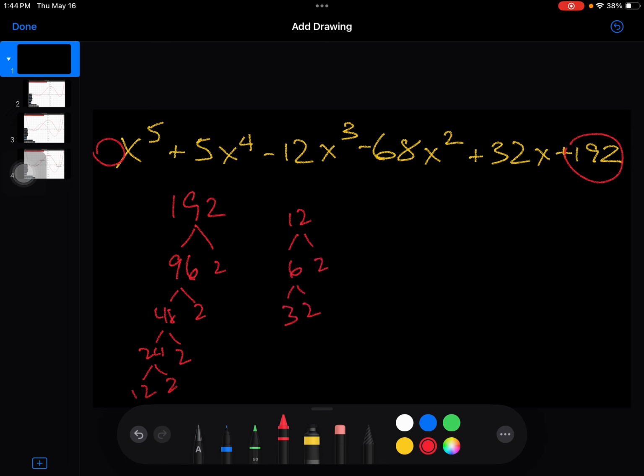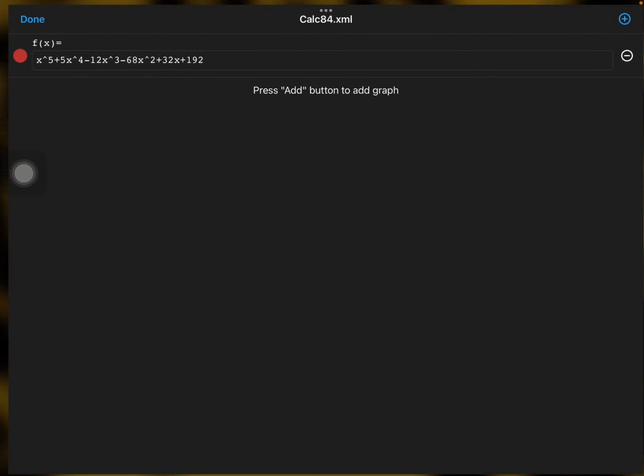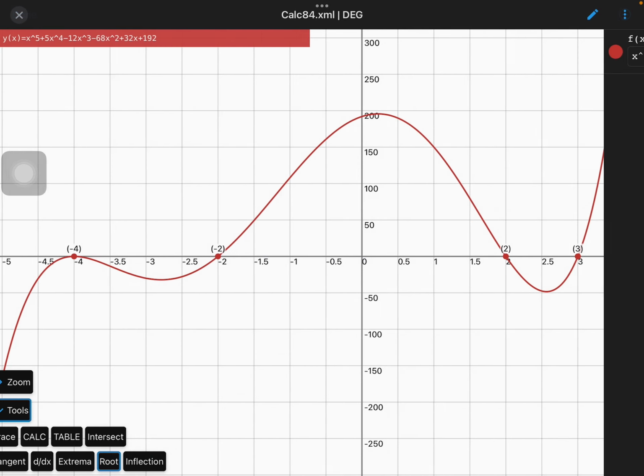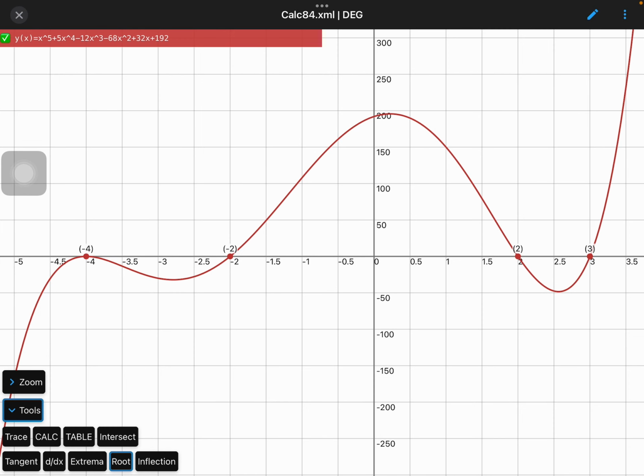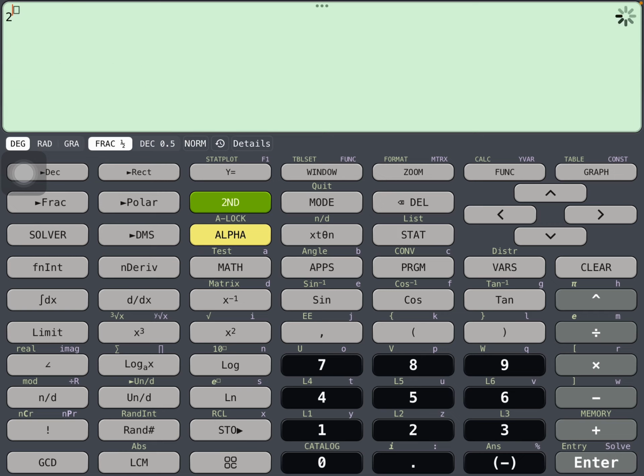So let's count our 2's: 1, 2, 3, 4, 5, 6. We get 2 to the 6 times 3. That's the prime factorization. Let's double check that on a calculator. 2 to the 6th times 3 is in fact 192.